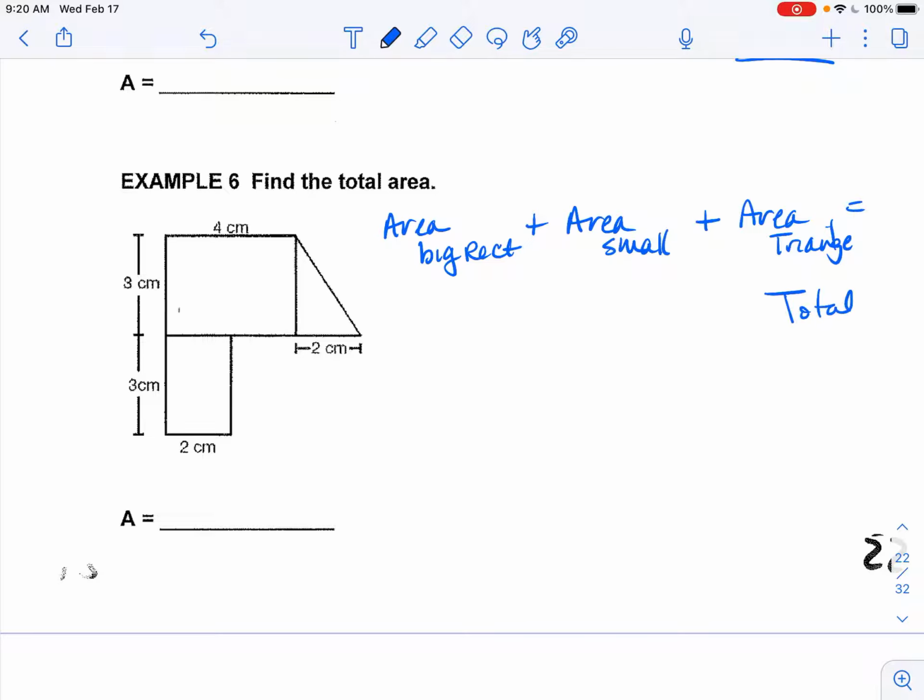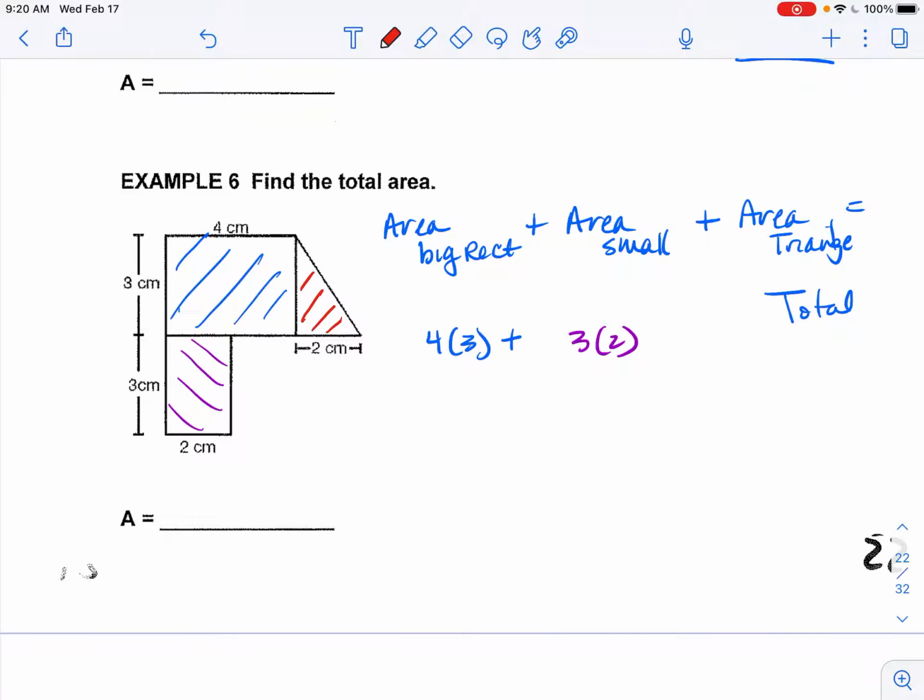All right, so the area of the big rectangle, I'm calling this my big rectangle, 4 times 3. Area of the small rectangle, that's this guy here. And looks like I have 3 and 2, so that's 3 times 2. And the area of my triangle, that's 1/2 base times height.